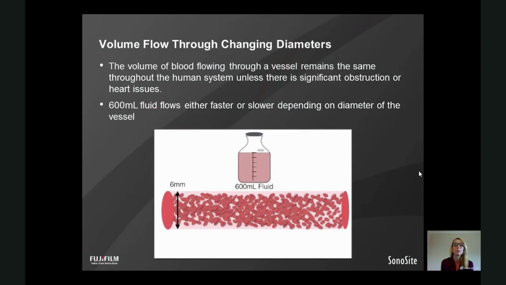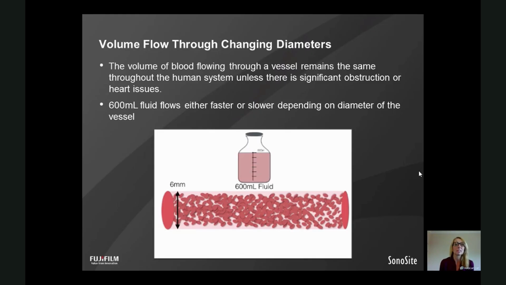So the volume of blood flowing through a vessel remains the same throughout the human system unless there's a significant obstruction or heart issues. So if I have 600 mils a minute running through a fistula vein, so the outflow vein, it would have to remain at 600 mils a minute for the entire outflow vein.